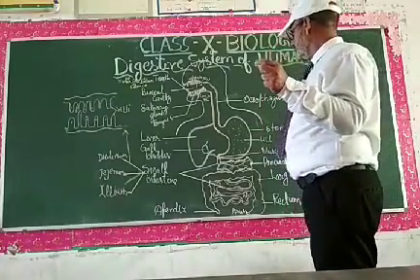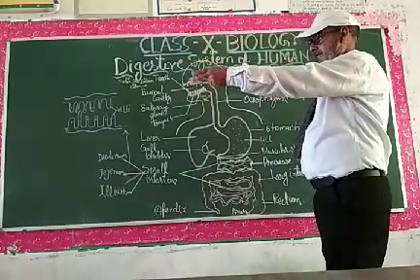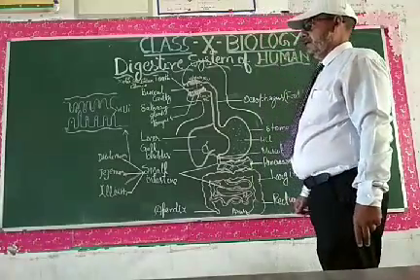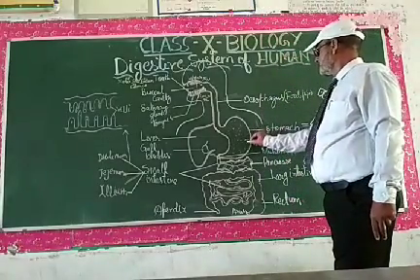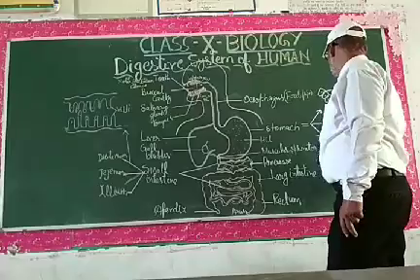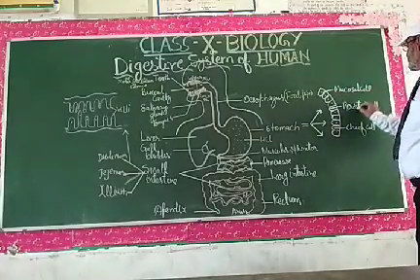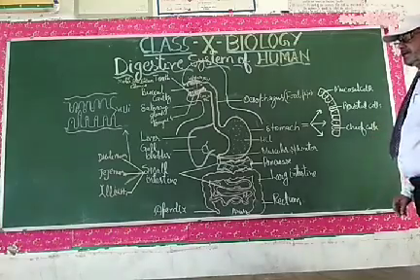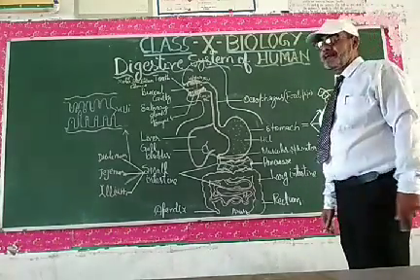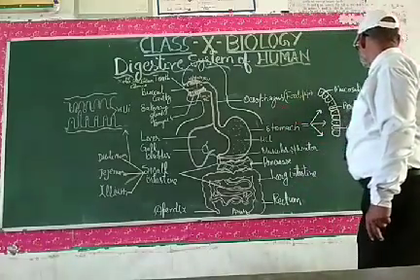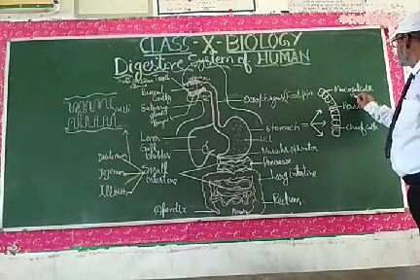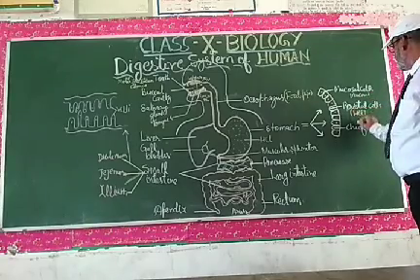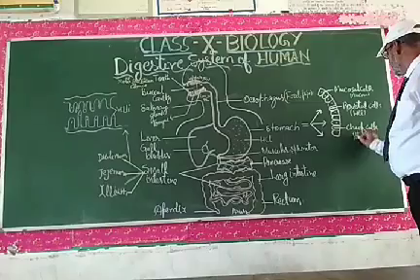The cells responsible are the mucosal cells, parietal cells and chief cells. These three cells are responsible for the different secretions inside the stomach. The mucosal cells secrete mucus, parietal cells secrete HCl, and chief cells secrete pepsinogen.